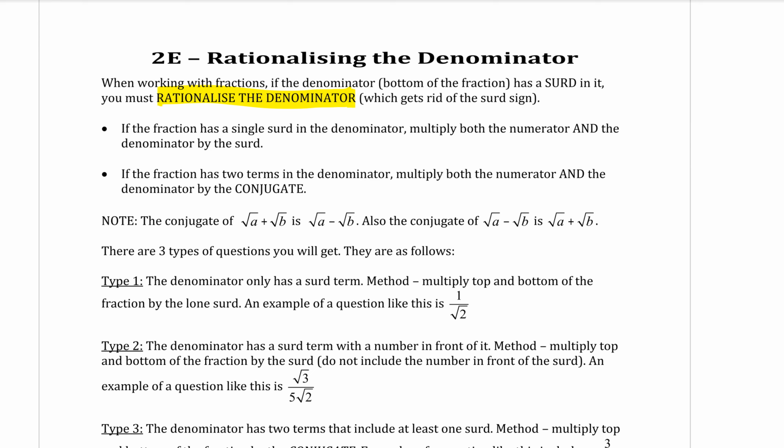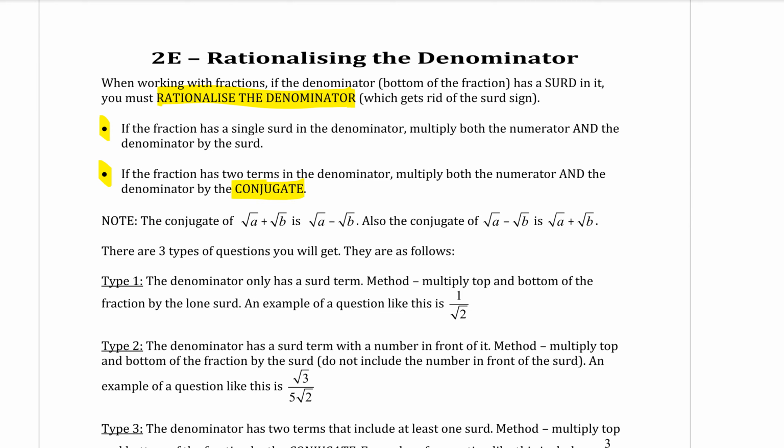So looking at the dot points, if the fraction has a single surd in the denominator, multiply both the numerator and the denominator by the surd. Okay, and I'll be showing you an example of that in a minute. The second dot point says if the fraction has two terms in the denominator, then you multiply both the top and the bottom by what we call the conjugate.